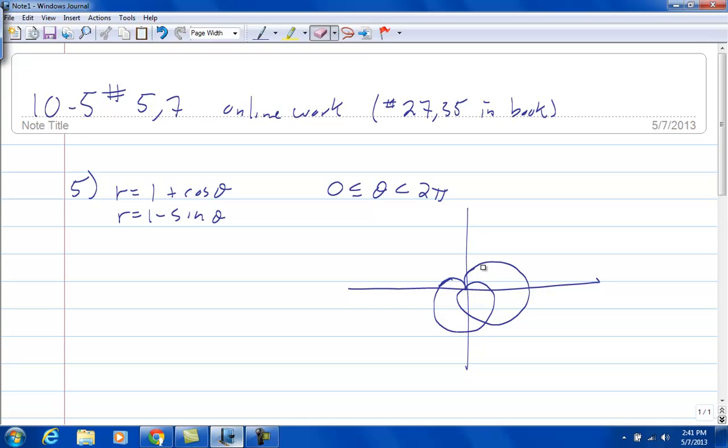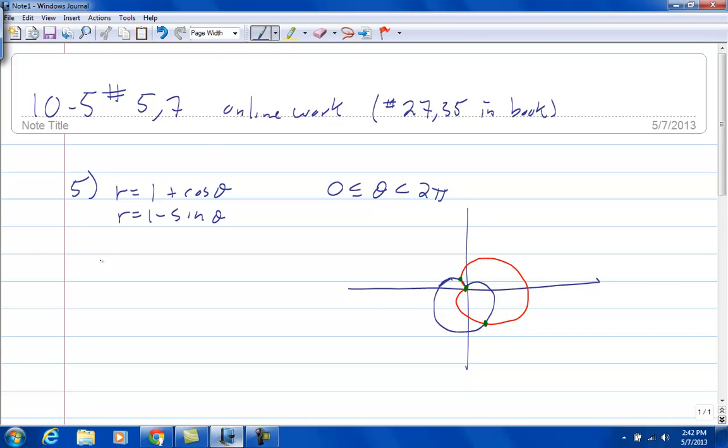And we see a couple of points of intersection. Maybe I should do that with a separate color. Change my color so we can really see what's happening. Points of intersection. We have a point here of intersection. We have a point here of intersection. And we have a point down here of intersection. So we want to find these points of intersection.